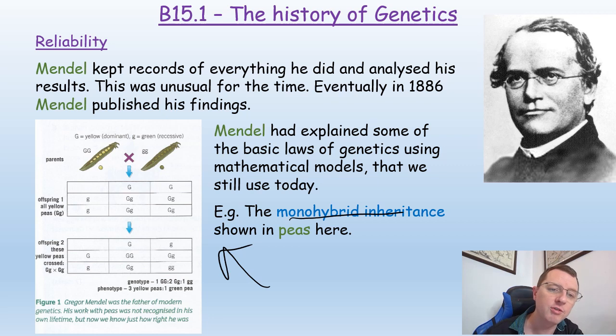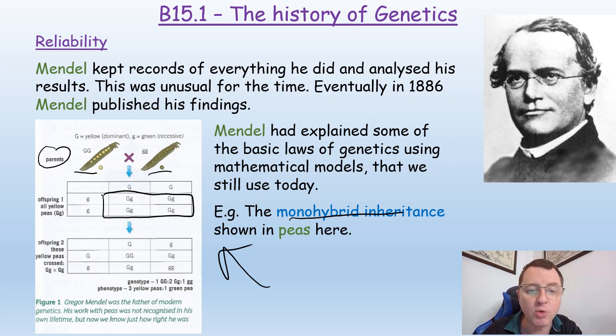So let's just go through this one more time. In the parental generation, we had yellow peas, which are homozygous dominant, and green peas, which were homozygous recessive, and those were bred together to produce 100% heterozygous peas, all containing the dominant allele and therefore all yellow.